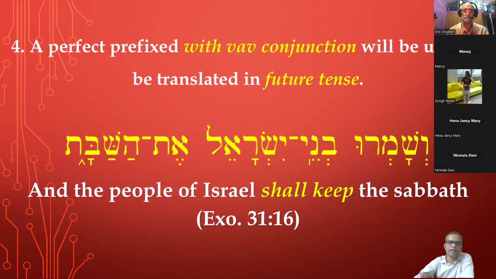And finally, it can also be translated into future tense. How? When you see a verb conjunction before the perfect conjugation, remember, always perfect conjugation is translated as action completed in the past. But if it carries a verb conjunction, then it will be translated into future tense.